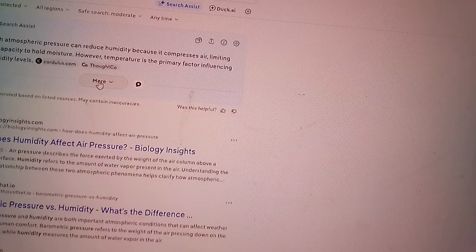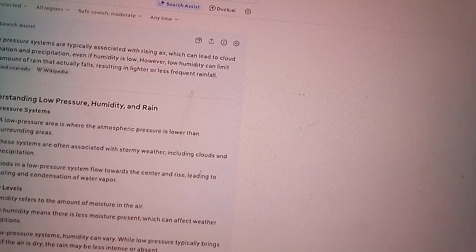So, this high pressure reduces humidity. Okay. So, now, let's just go to this one.